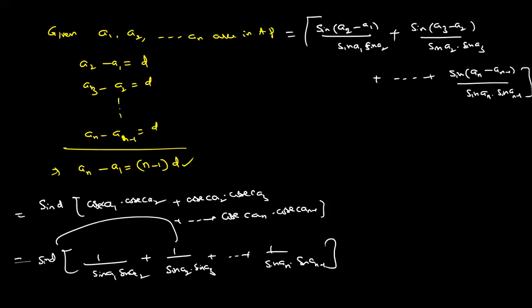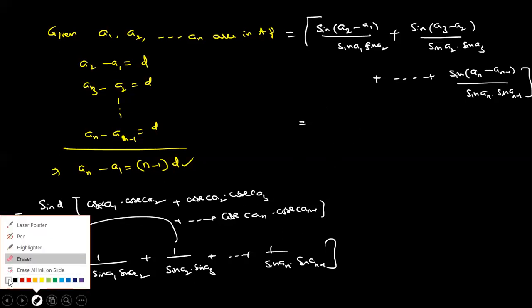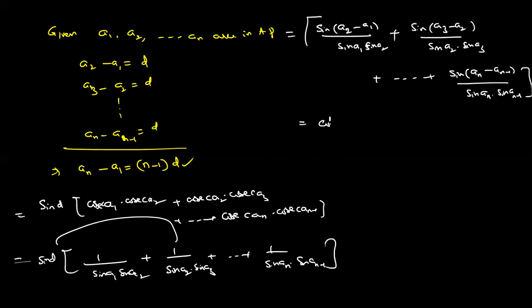Now, sin of A minus B, expand, you can get what is the result? Anyone? Cosecant A1, how much coming? Sin A2, sin A2 cancel, cos A1 by sin A1 means how much is coming? Cot A1 is coming, see carefully. Minus cot A2.